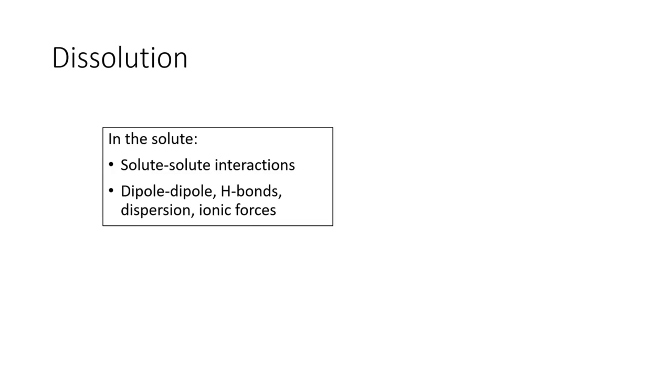In order for a solution to occur, three things have to happen. In the solute, you have to break solute-solute interactions, and these can be dipole-dipole interactions, hydrogen bonds, van der Waals or dispersion forces, and if it's an ionic compound, we have to break lattice forces, the ionic forces.